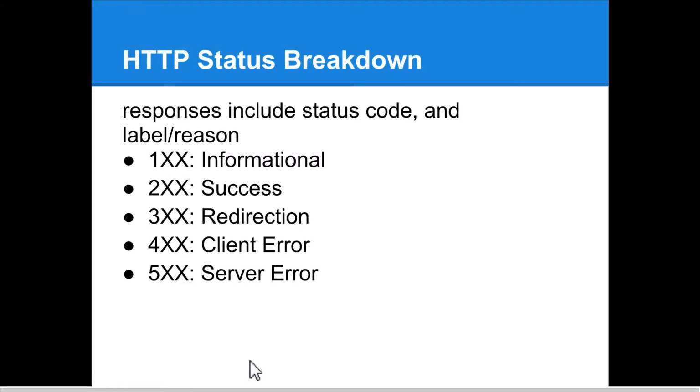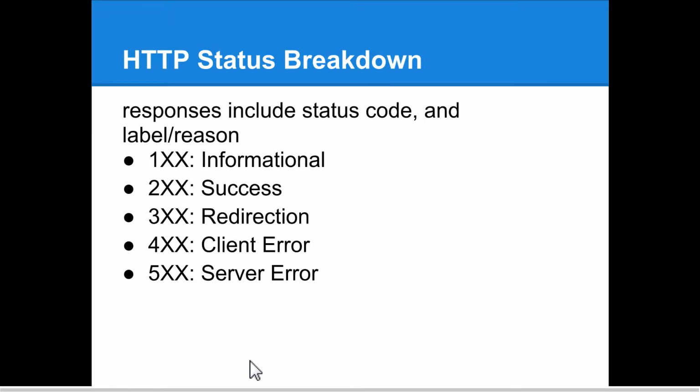So there's 5 categories of HTTP response status codes. Anything in the 100 series is purely informational. Anything in the 200 series usually is success. The most common one is 200: resource found, here it is. 300 is redirection.